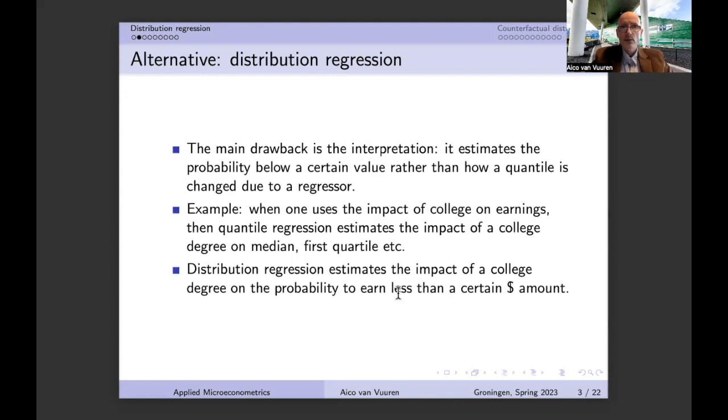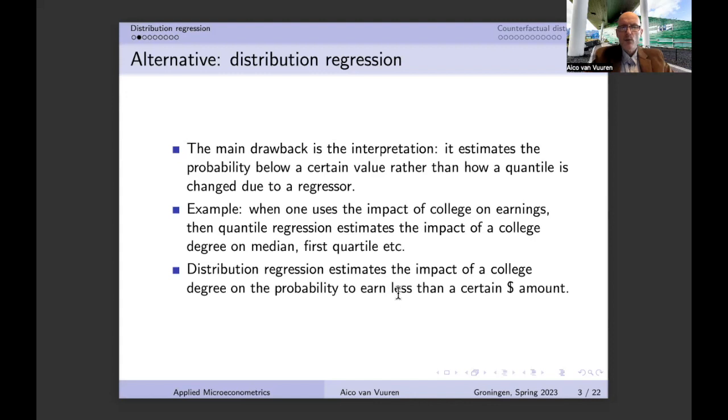In that sense, it's good to look another time at an example, and the example is again going to be log wage regression. Suppose that we have a log wage regression and we're going to do a quantile regression, and at the right hand side, among other things, we're going to have a college dummy.